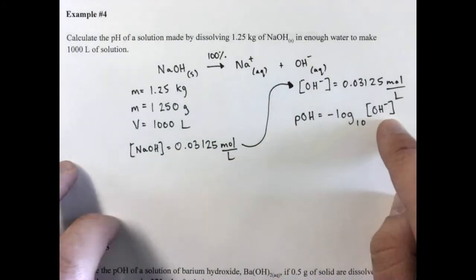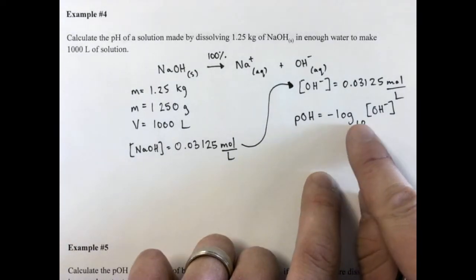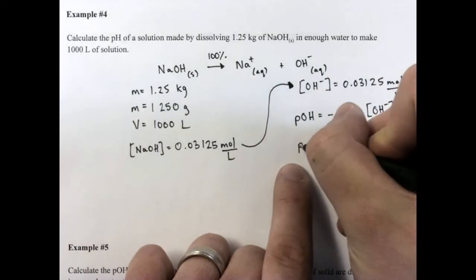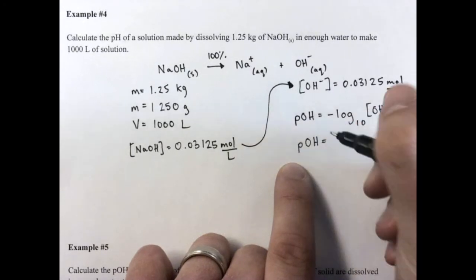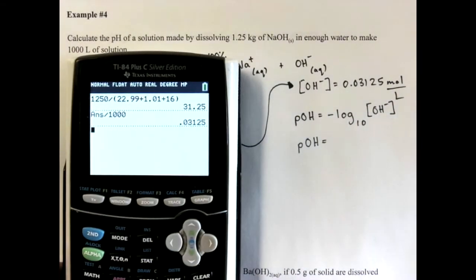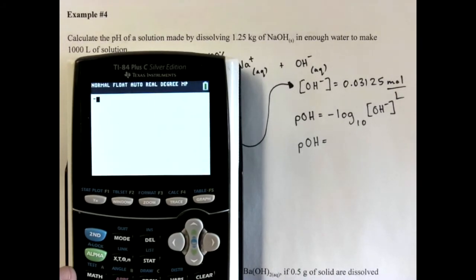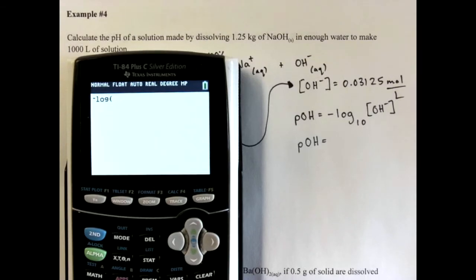So as long as I know my hydroxide concentration, I can plug that value into this formula, and that'll help me find pOH, or the exponential power of hydroxide. So I'm going to do negative log 0.03125.